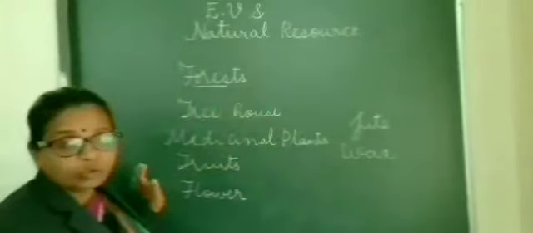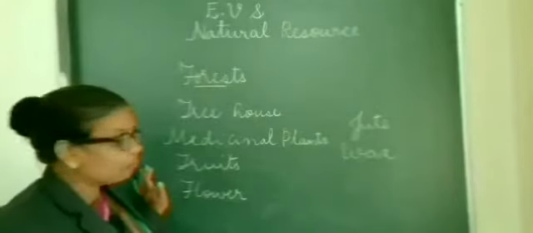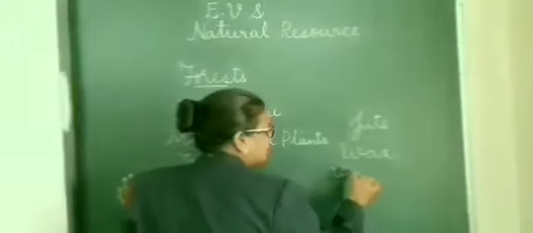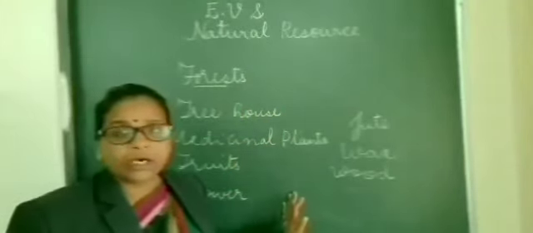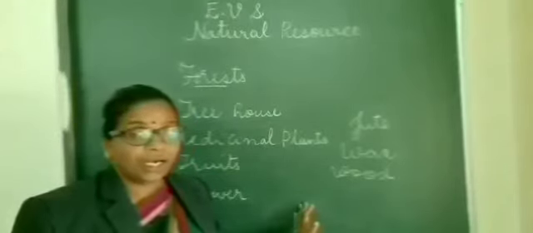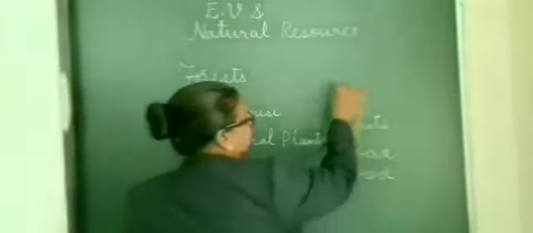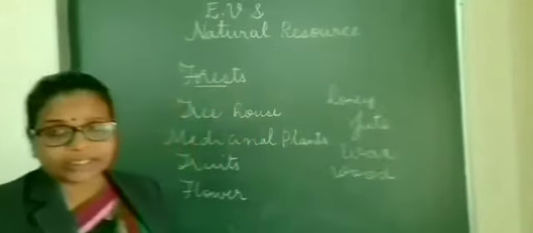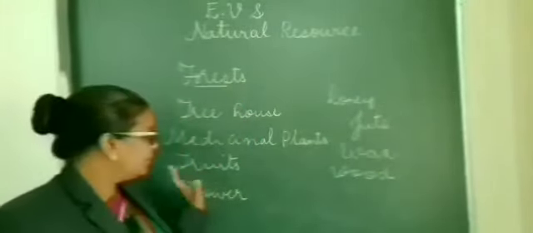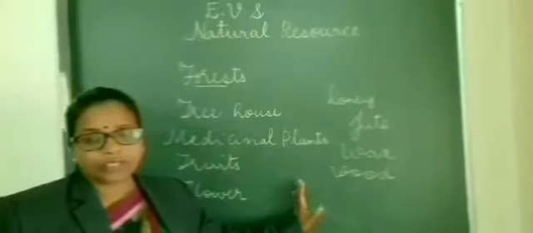and we get wood. We get wood from forests, which is very useful to us for furniture or building materials. And we get honey, and we also get many things from these forests.